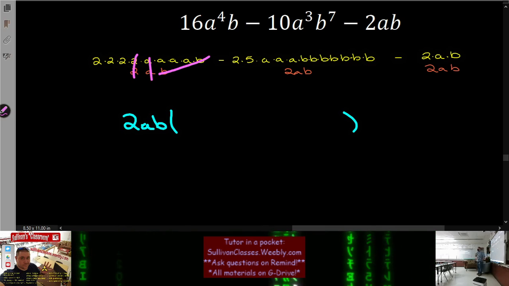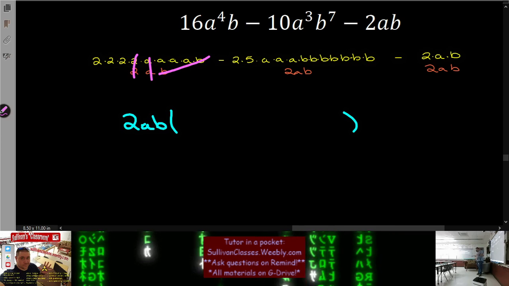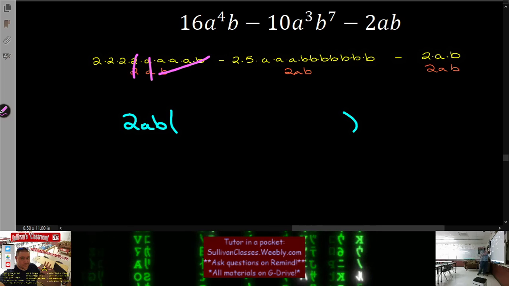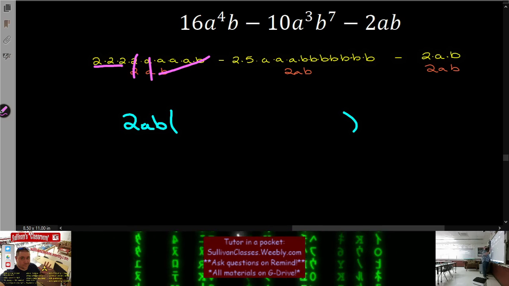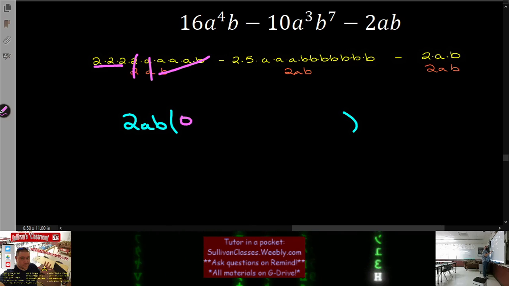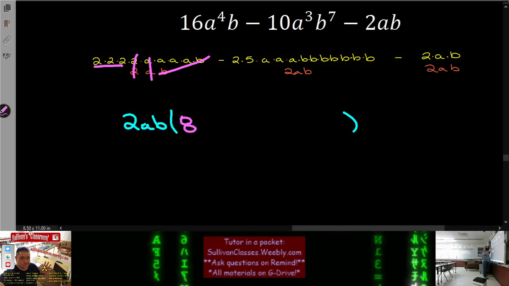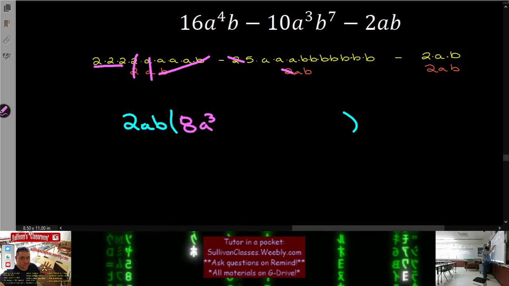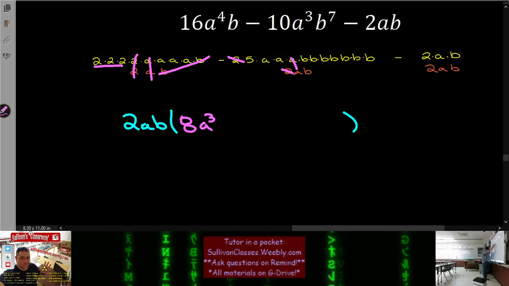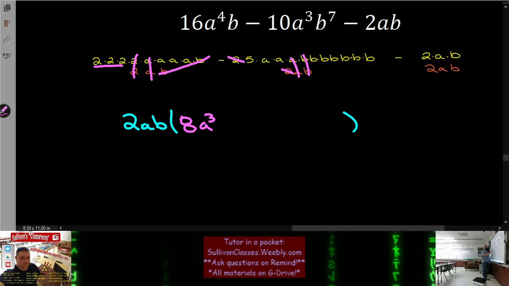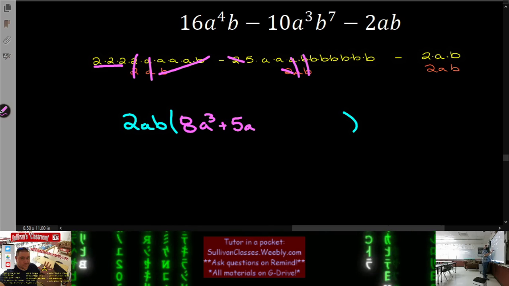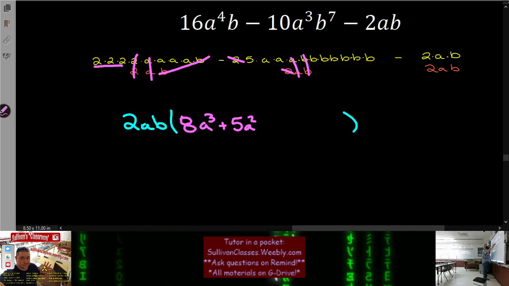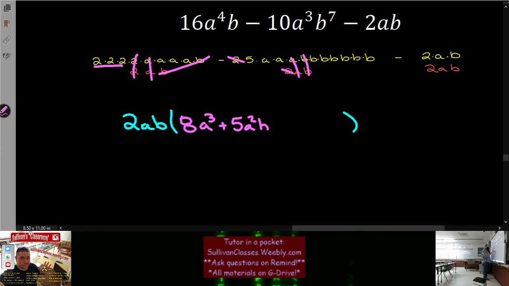Those are all turning into ones. 1 times 1 times 1 is just 1. But I will have left an 8, don't add them, A to the third. Over here, the 2's cancel, A's cancel, B's cancel. I still have a 5, a pair of A's, so A squared, and oh boy, lots of B's, 6 of them.